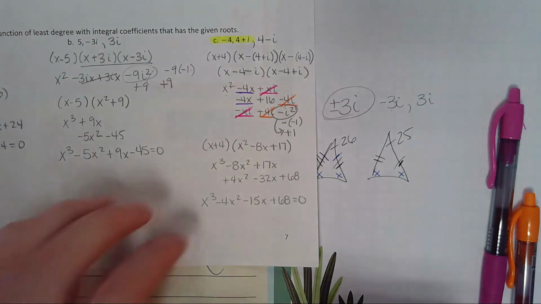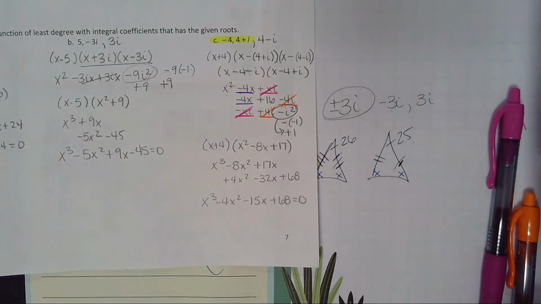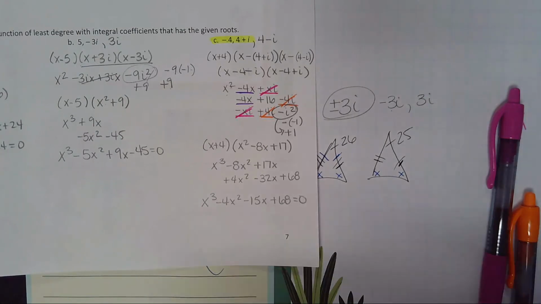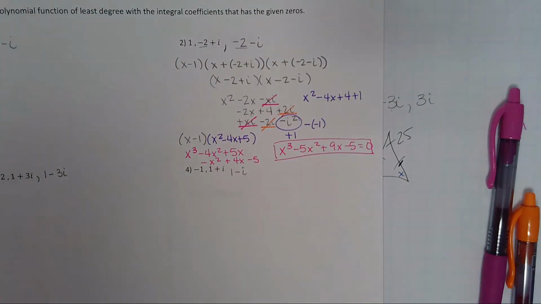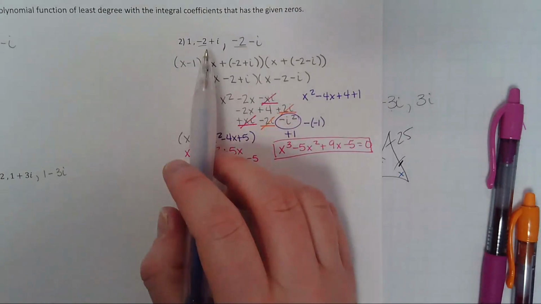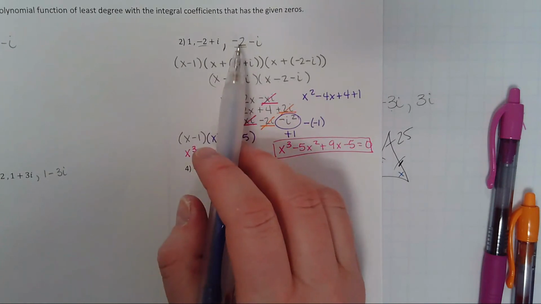So from the homework, I already did this problem, but I'm going to talk about it. You have a negative 2 plus i and a negative 2 minus i.